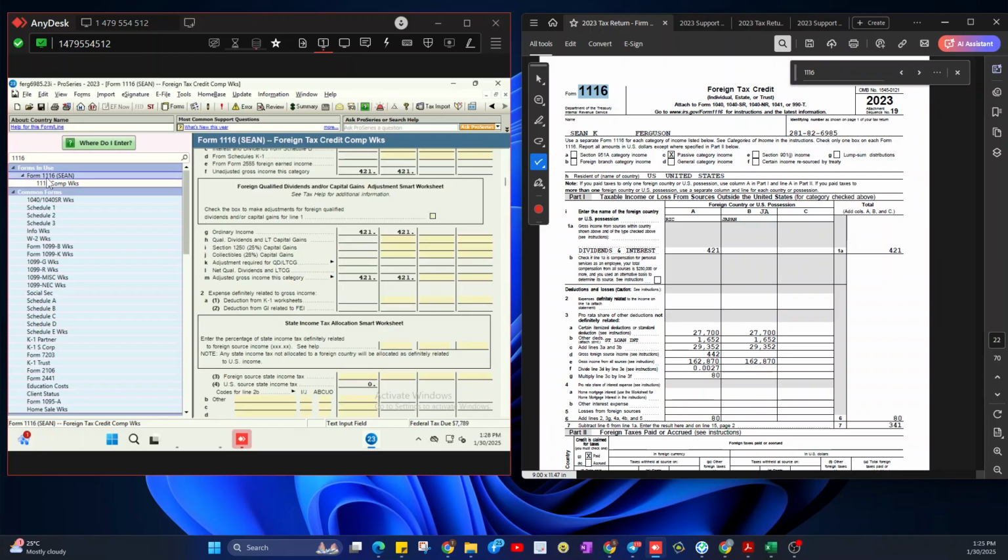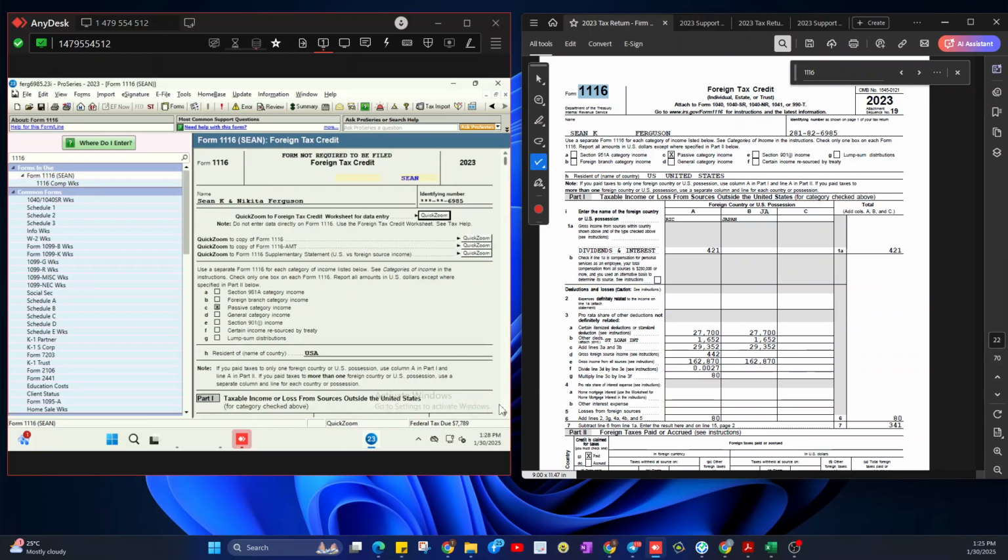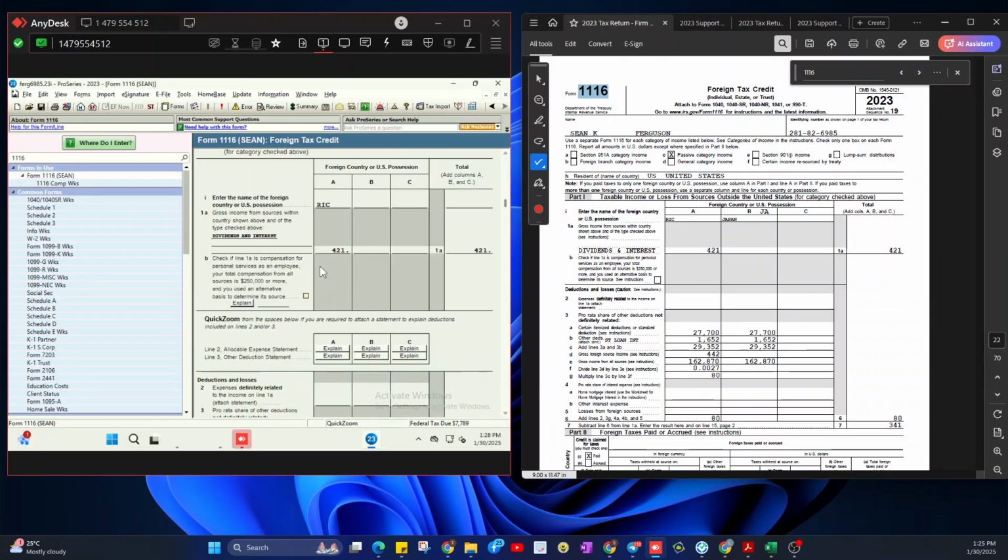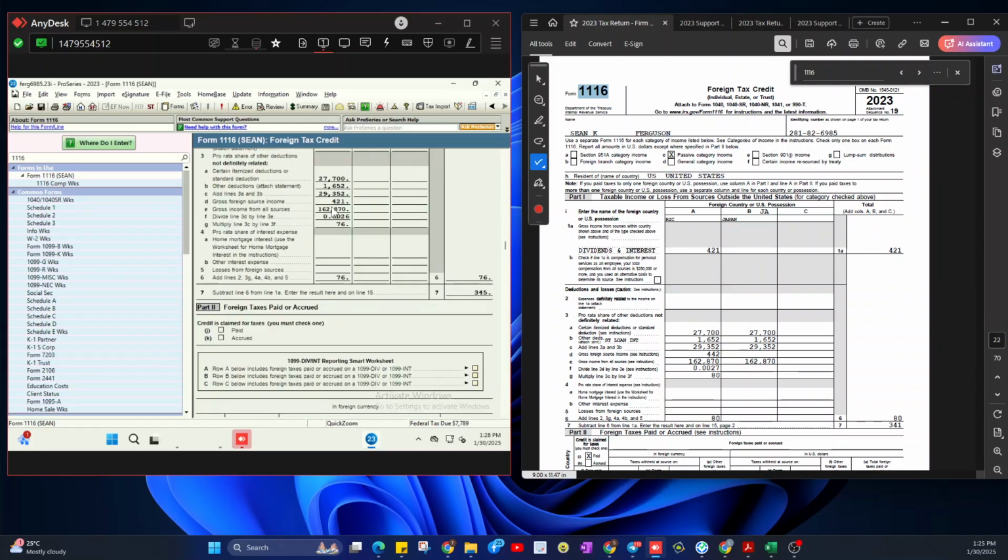But if we go to 116, how does it look? 421, 76, gross foreign source income 421. What we've got here is 80, so let's figure out where this comes from.